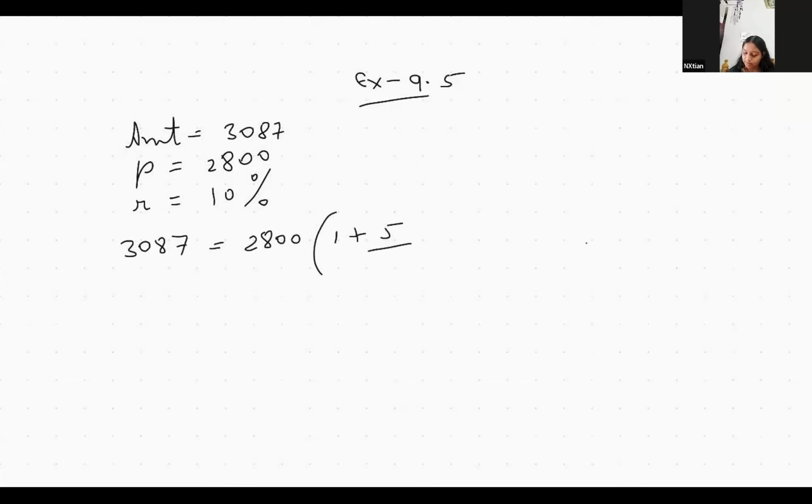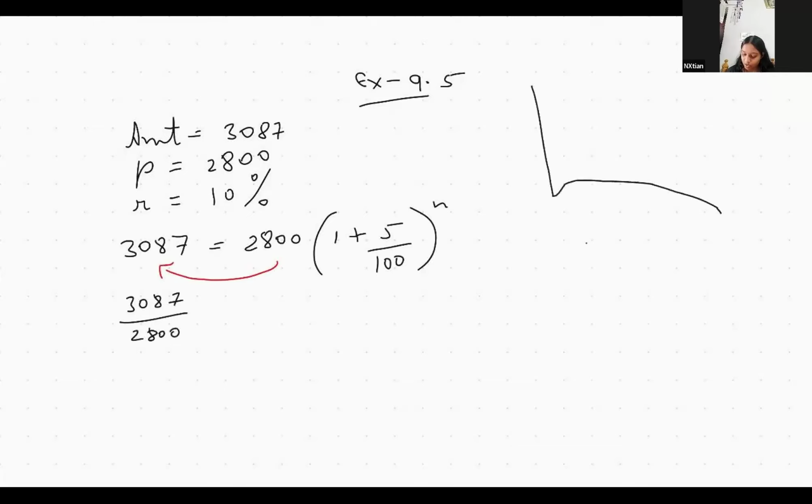5 by 100 raised to the power n. Okay, so you take this in here. So it becomes 3087 by 2800 equals 1 plus 5 by 100 raised to the power n. Ma'am, they both are divisible by 7.